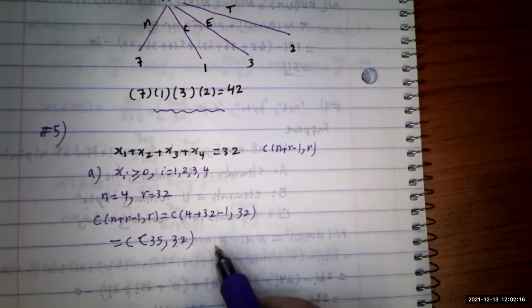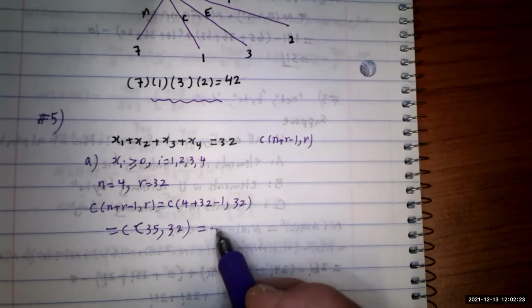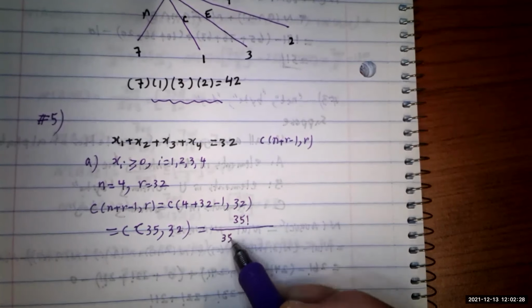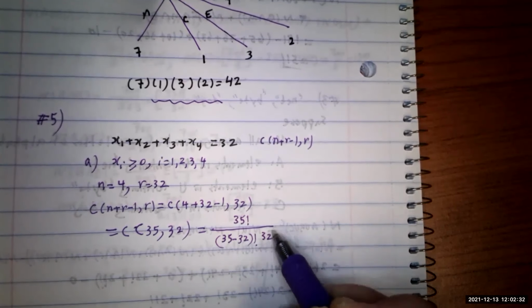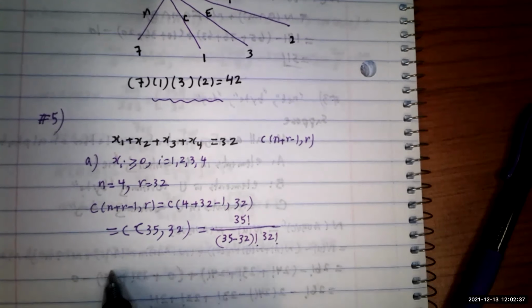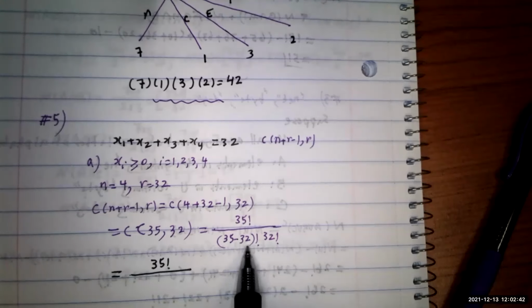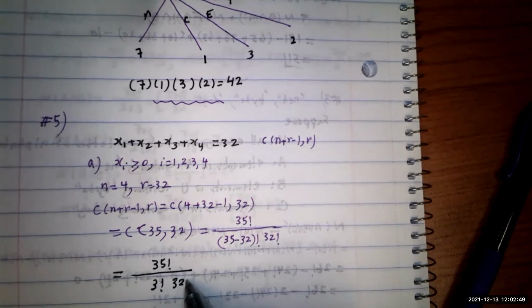You simplify it, and you can use your calculator if you like, but you have to simplify that factorial part for us. So for this combination, it's going to be 35 factorial over 35 minus 32 factorial times 32 factorial. So we have 35 factorial on the top, and 35 minus 32 gives you 3 factorial, times 32 factorial.